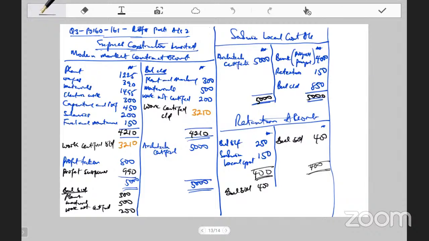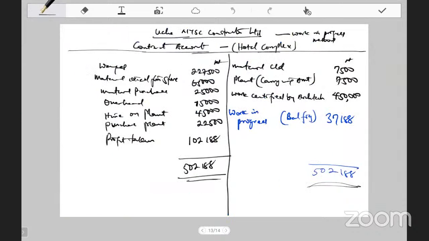This one was question number 1, using work in progress. That is the same thing you will get if you move to the next question, question number 4. You just get to see that we are just fixing all the figures. And that is the end.